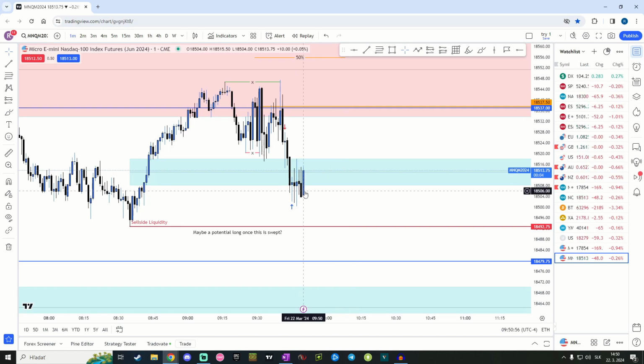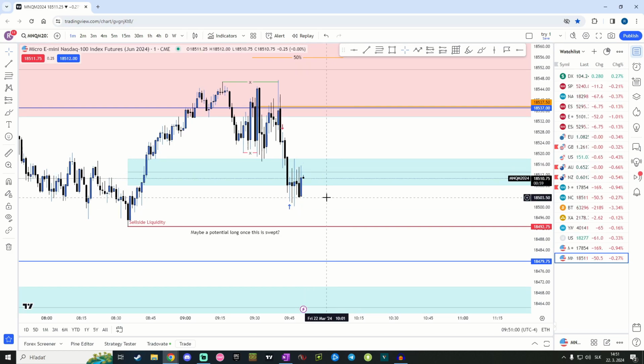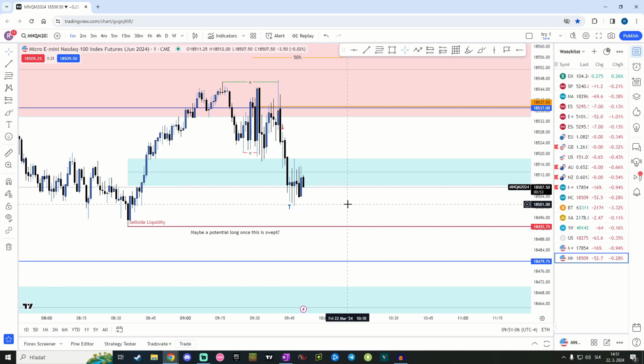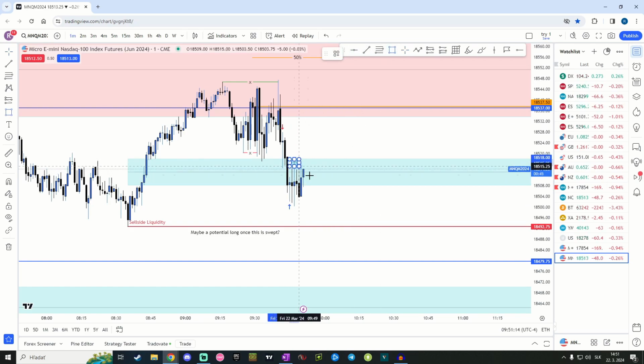I would really not like this movement to the upside. I would be really worried about that. So I'm glad that I exited, because this is really a lot of back and forth. Looking at the wicks, it's not nice. It is now trading just inside this range. And I think as it stopped and it didn't go for the sell side liquidity, it can easily just go the opposite side.